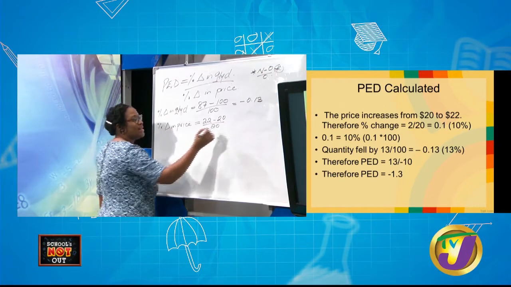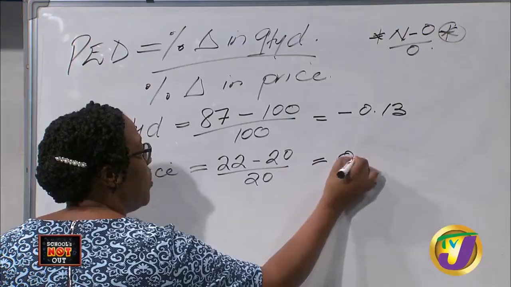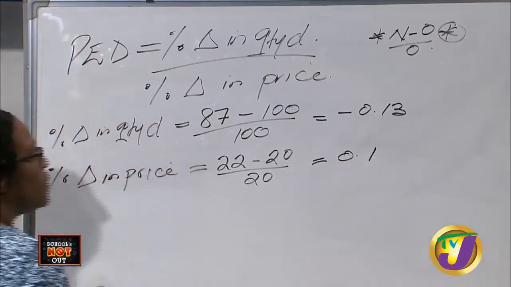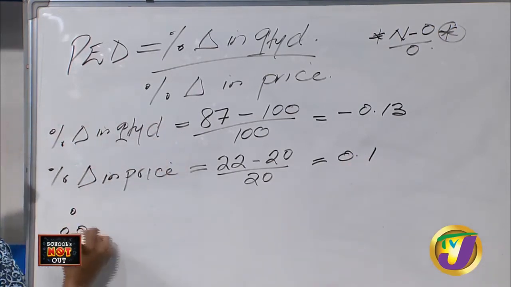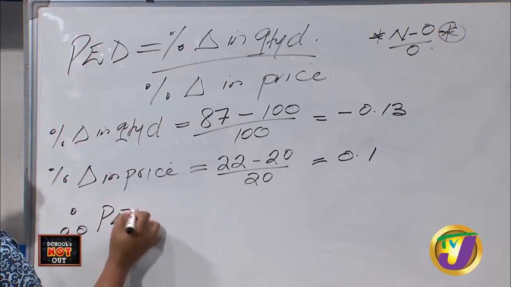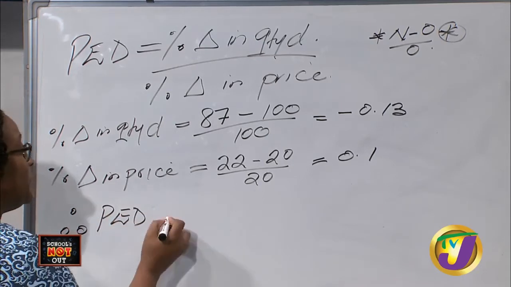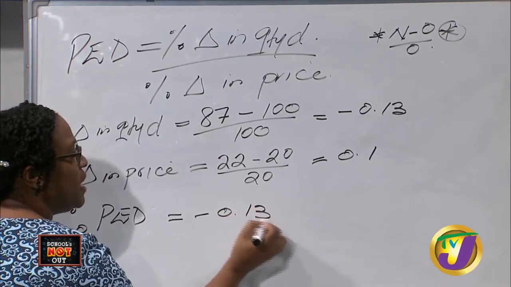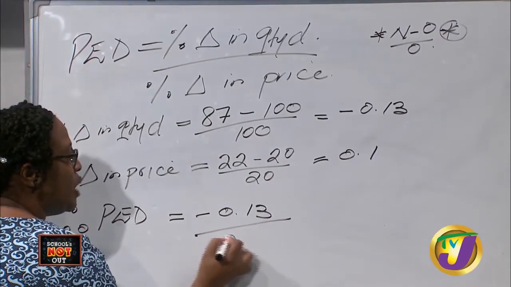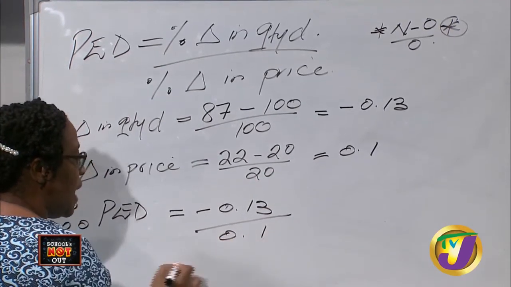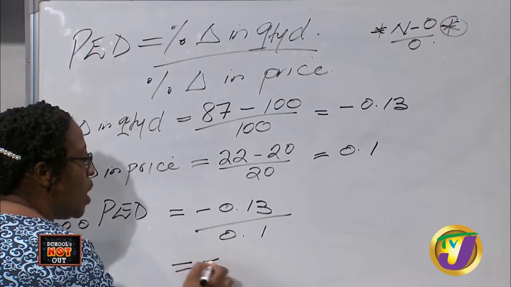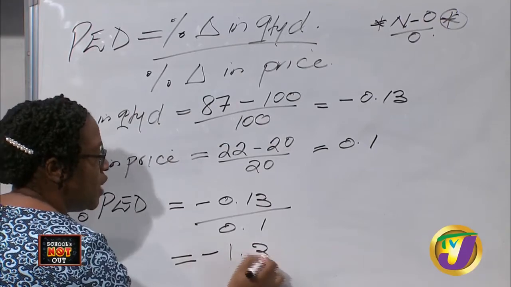And so your answer here is 0.1. Therefore, the price elasticity of demand for pencils is negative 0.13 divided by 0.1, and your answer is, that's correct, negative 1.3.